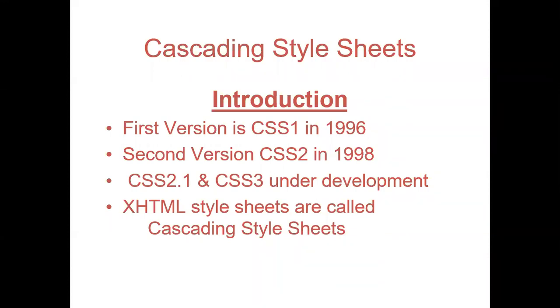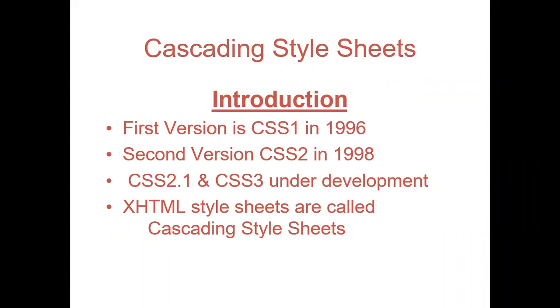You can add different types of color combinations, tables, and different types of enhancements. So it's not related to the core part, the content of the website. It is related to the look of the website.